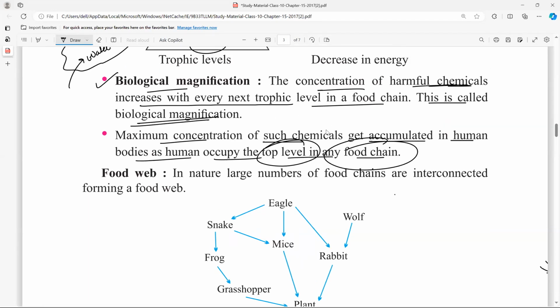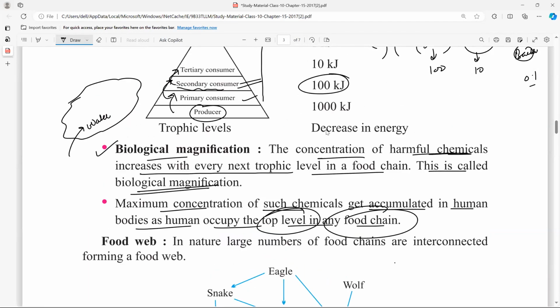For example, if we add 1,000 particles to the plants, and the plant is absorbing them, these particles will be transferred to the animals. Here it is experimentally observed that the concentration of this harmful substance keeps on increasing. That's why harmful substances like DDT powder were banned.